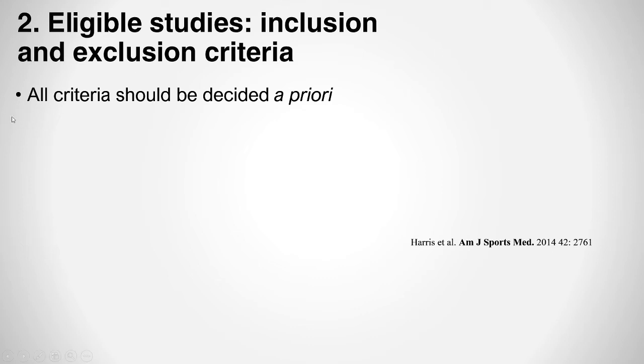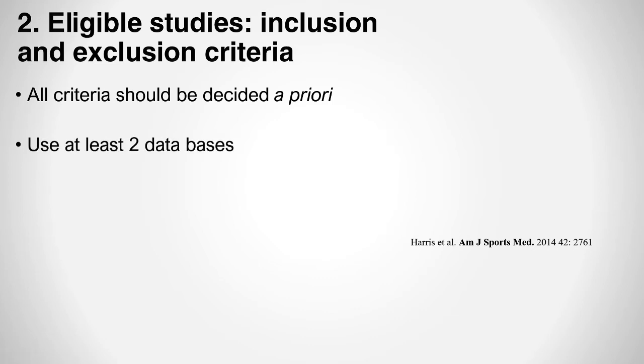That's considered quite unethical. So the search terms that you use to inform all of the PRISMA flowchart should be decided prior to, or a priori, which is Latin, and it means prior to.